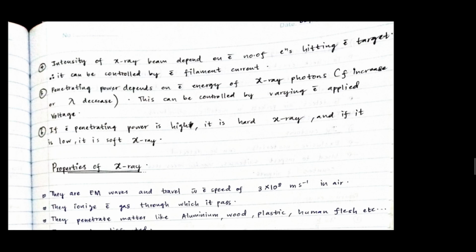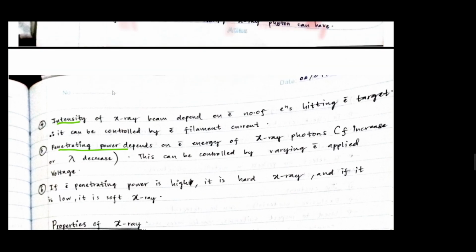Now let's look at two characteristics of X-ray. One is intensity, the other one is penetrating power. Both of them depend on different factors. What's intensity? Intensity is just similar to brightness. So when will something look bright? When there is more energy or when there are more of them?